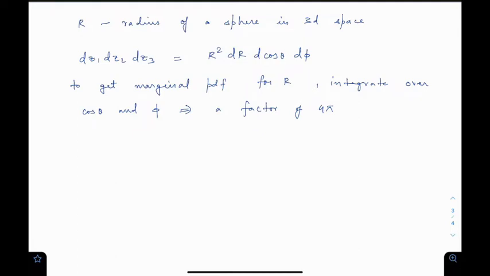Therefore, the probability that r is between r and r plus dr is given by this distribution times the measure of the integration.